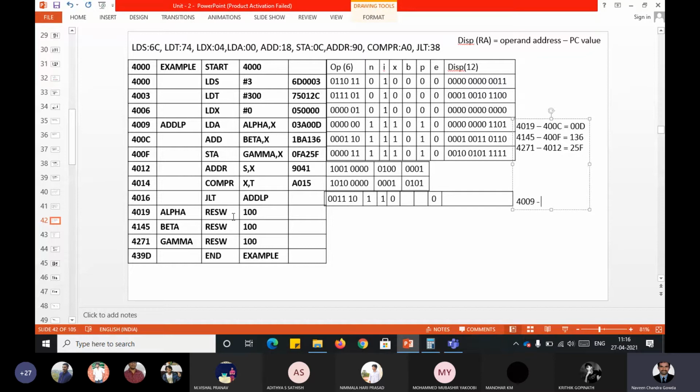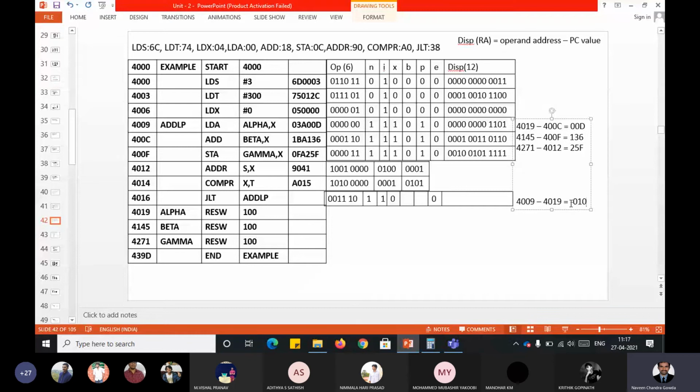As I'm working with this instruction right now, the PC will be pointing to the next address, which is 4019. When I subtract 4009 minus 4019, I hope you get 010. But this 010 is not decimal. Remember, it is hexadecimal 010, but it is negative. I repeat, it is minus 010. But how to represent this in SIC or SIC/XE, wherein we'll be taking the 2's complement.